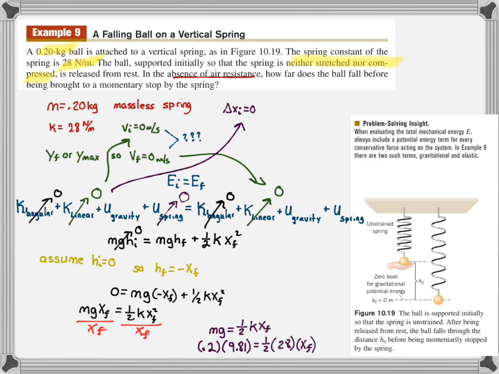And we know our mass is 0.2, our gravity we're assuming is on Earth, and it's very close, so we call it 9.81. And we have 1/2 our spring constant, which is k, and xf, which is what we're trying to solve for. So when we solve it, we find out that this stretch point at which the velocity goes back to 0, because all the potential energy due to gravity went into the spring, is equal to 0.14 meters. That's pretty much it.